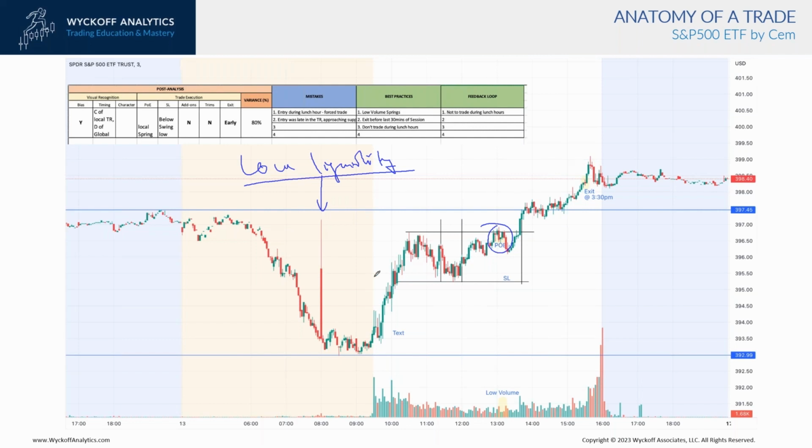It's obviously got a supply tail, but it achieves so much vertically even before we get into the day.